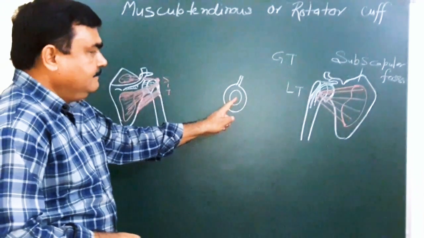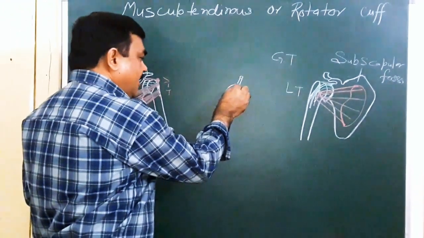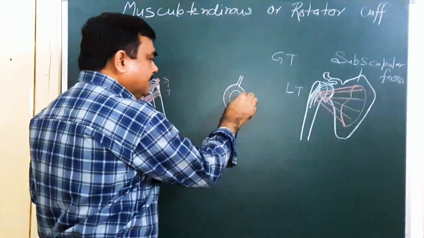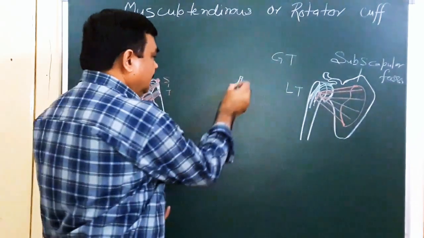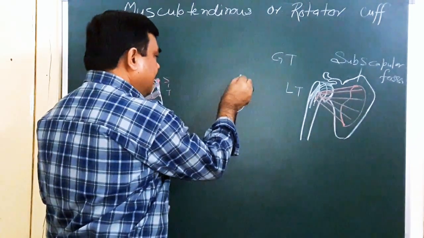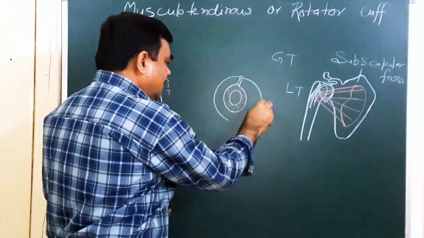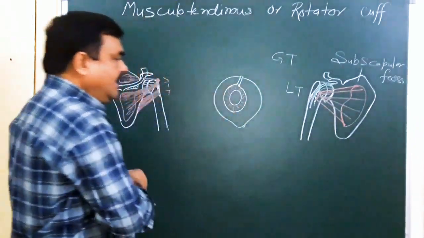So this is glenoid cavity, and this is glenoid labrum. Here is capsule of shoulder joint.